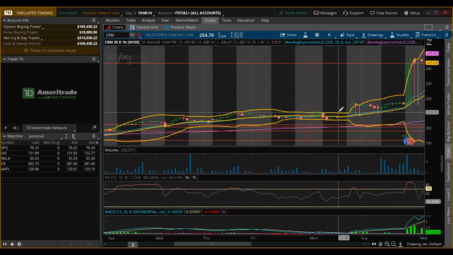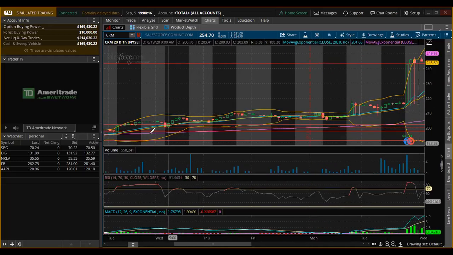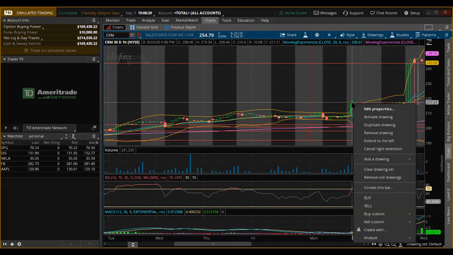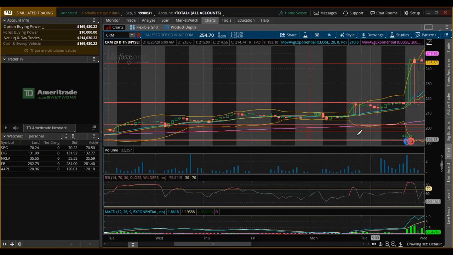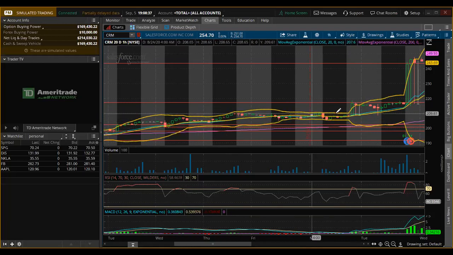Take another section. Plot right here. Strong green candle. And then another reason I like that one is because you see throughout the days, it went sideways.